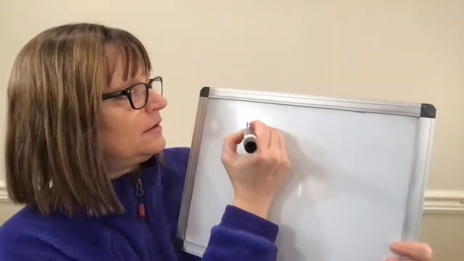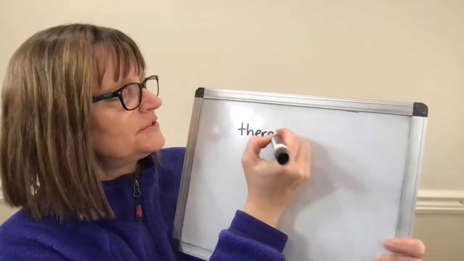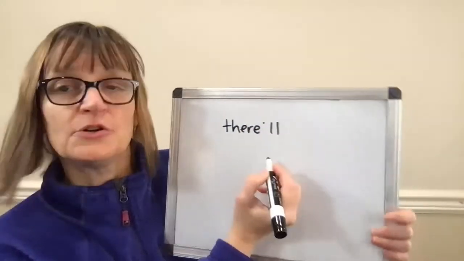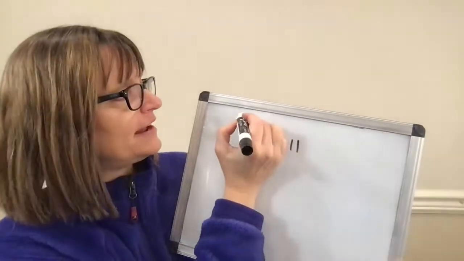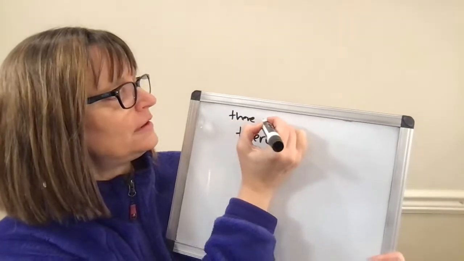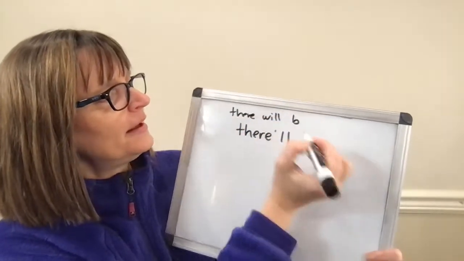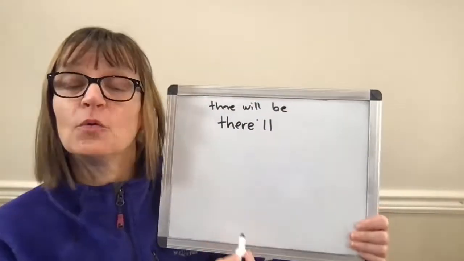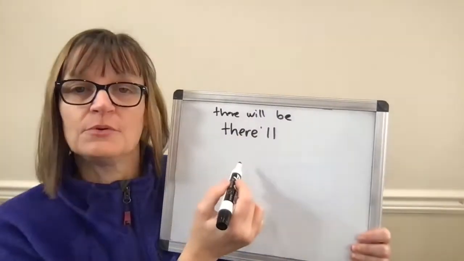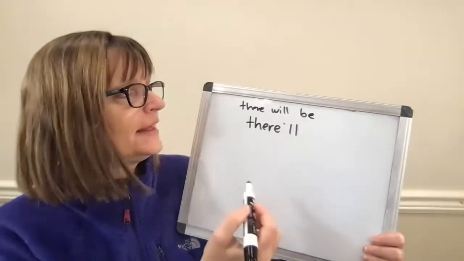Okay, we have a question about the contraction that we use. So we typically don't use this in writing. In writing, we would say there will, like there will be. But in speaking, we do contract there will to there'll.